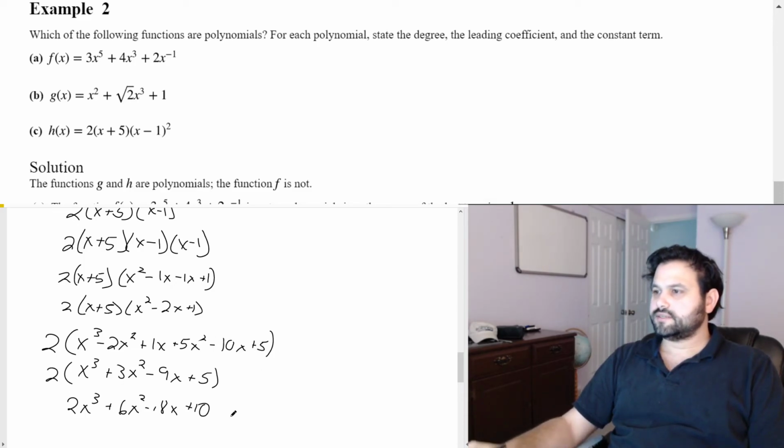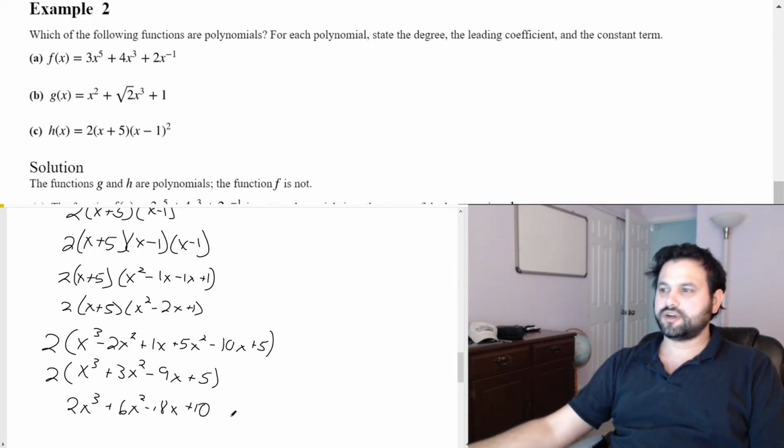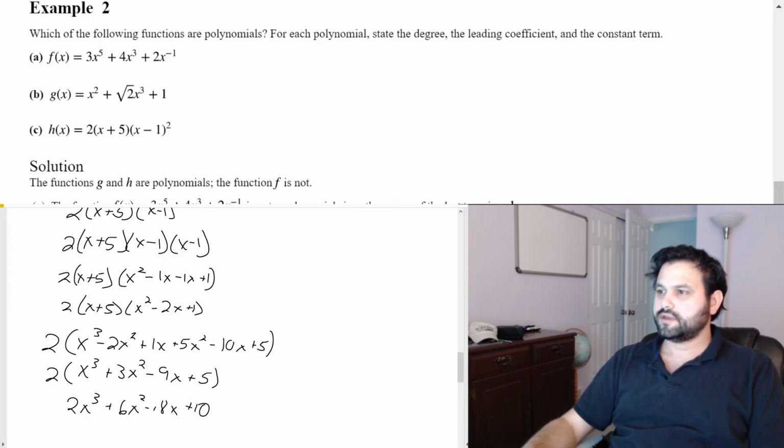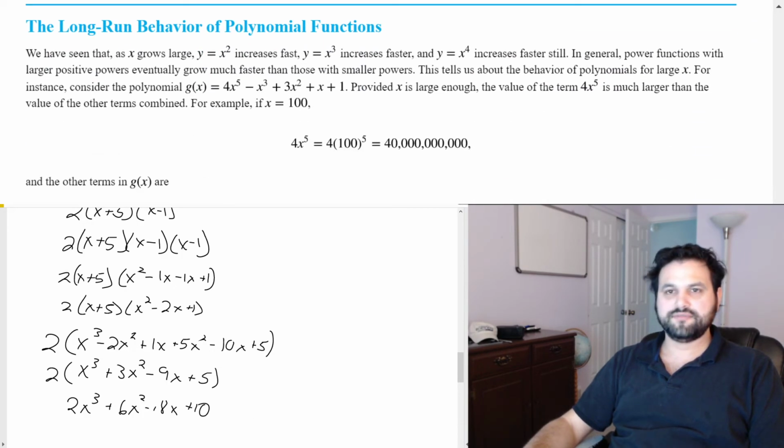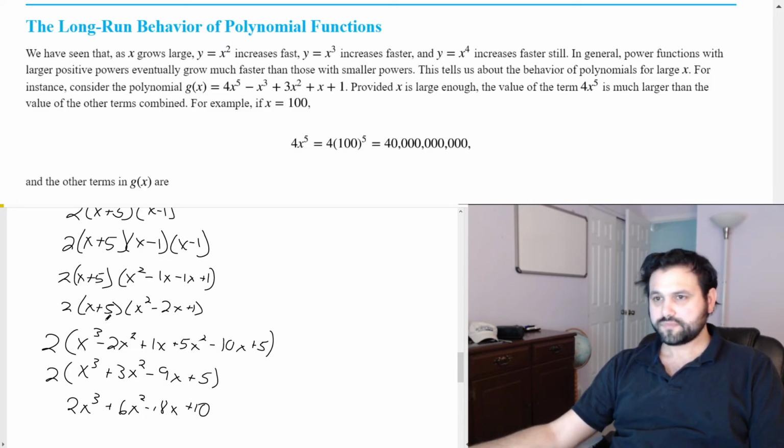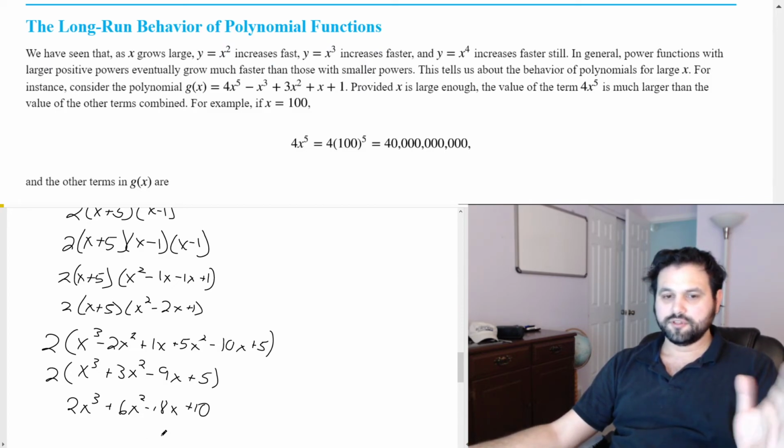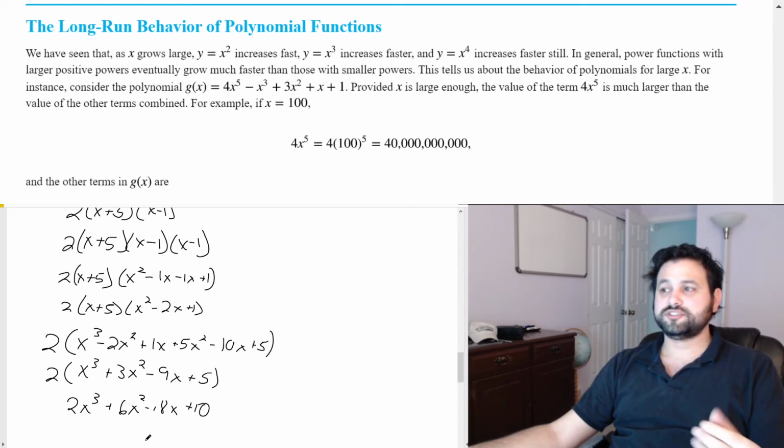All right. Now what we're going to talk about is the long-run behavior of these polynomial functions. So remember we talked about the long-run behavior of the power functions. The polynomial functions are going to actually be very, very similar, okay?